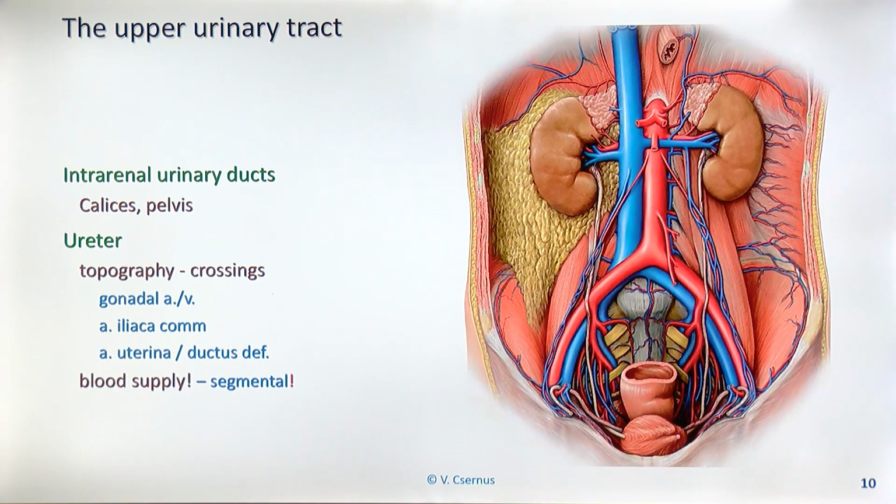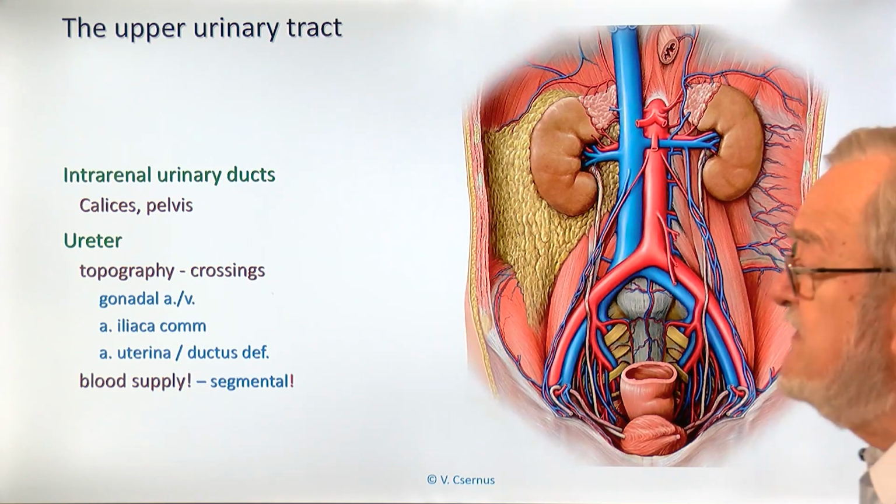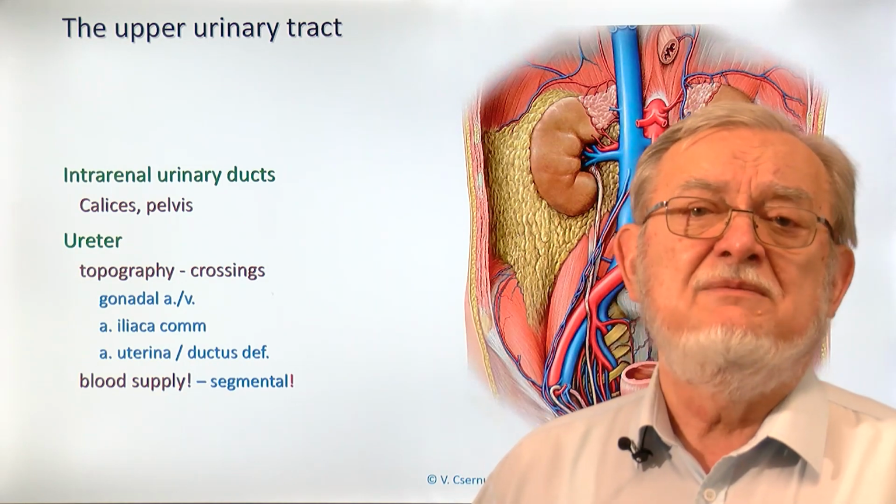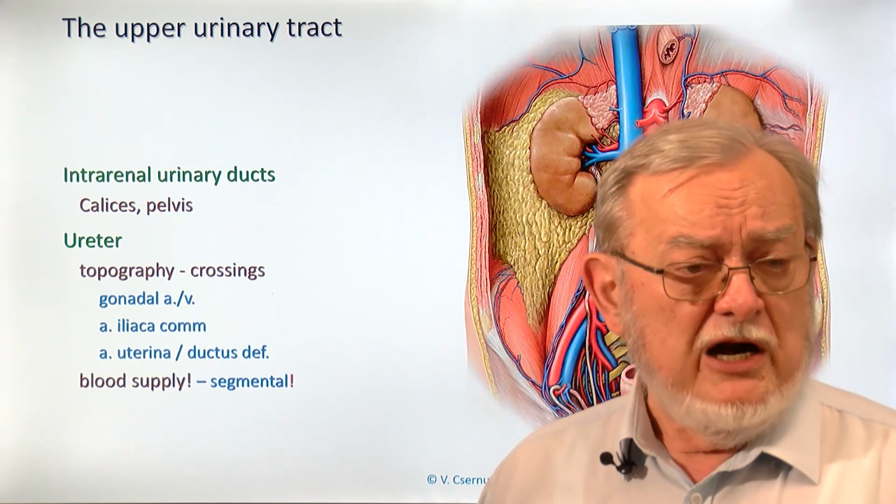The blood supply is very important and critical. It has a segmental blood supply, so it doesn't have its own big artery which follows the ureter, but from short segments it has different arteries from the environment. This is why it's important: if you make any surgery on the ureter, never lift it up, because you break these little arteries. The arteries are small enough not to cause significant bleeding, so it's not really alarming.